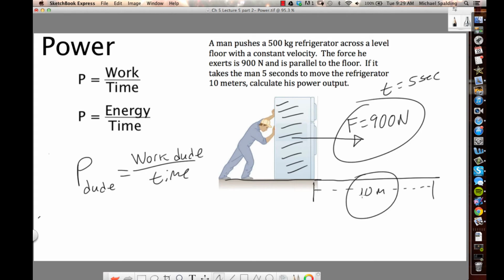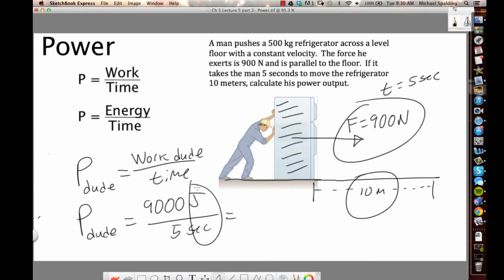Are those parallel to each other? Yeah. So he does 900 times 10, 9,000 joules of work, in a time of 5 seconds. What's a joule per second called? A watt. So this is 1,800 watts.